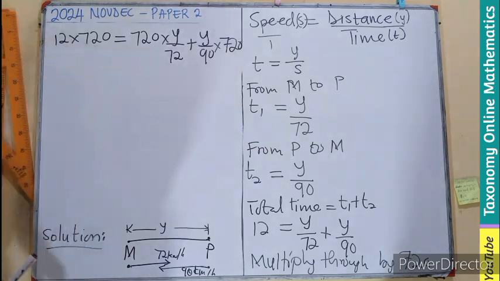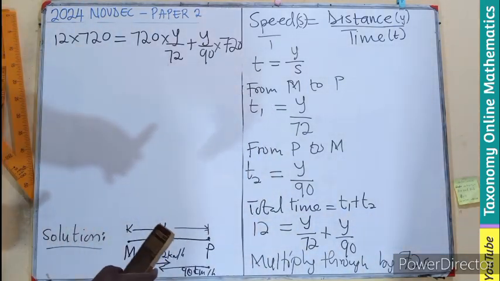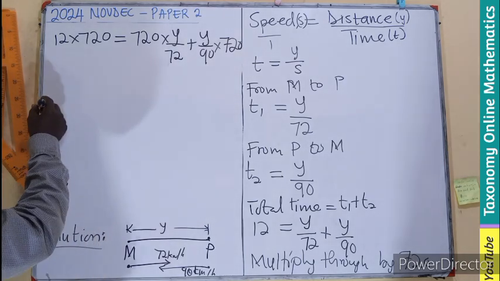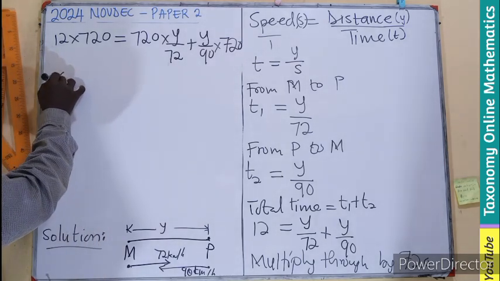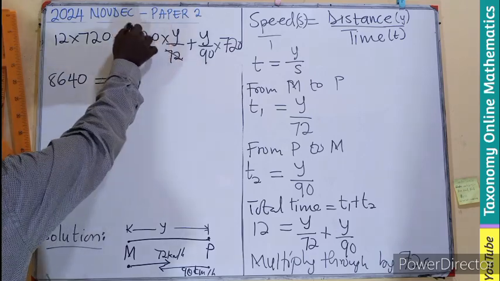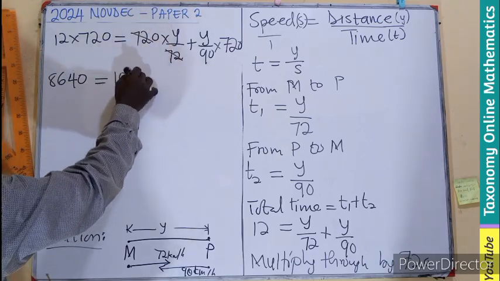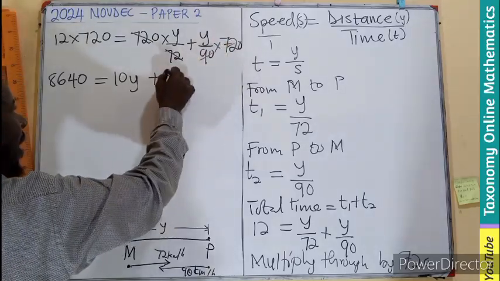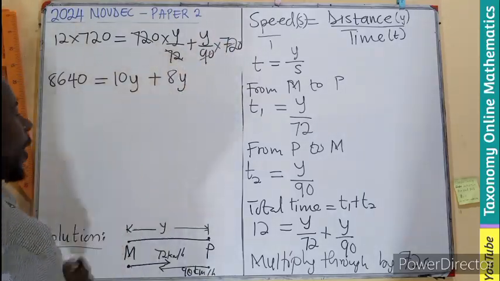So let's multiply this and see. If you multiply the first part, we should be having 8640 equals to, this will cancel this, remaining 10 times y. The 0 will cancel, it will go there 8 times. So 8 times y.